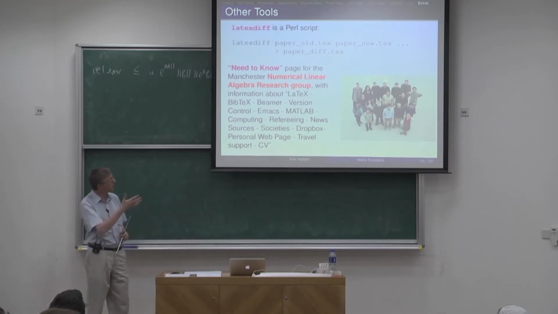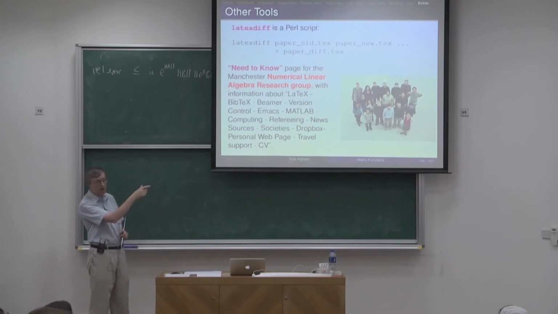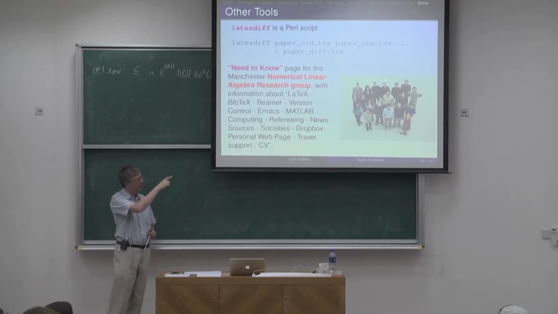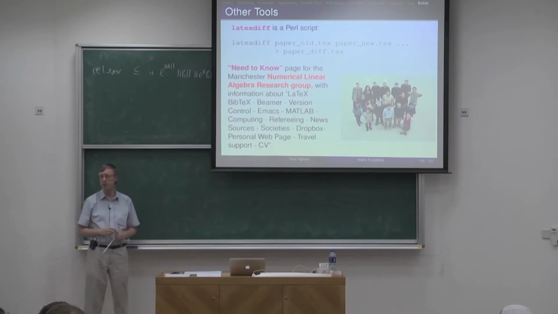So if you have paper-old.tex and paper-new.tex, everything that's been deleted from the old to the new will be highlighted in red with a squiggle underneath, and everything that's new in paper-new that wasn't in paper-old will be in blue. And it's a great way of seeing the difference between two papers.